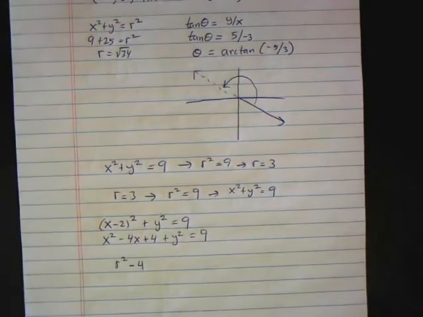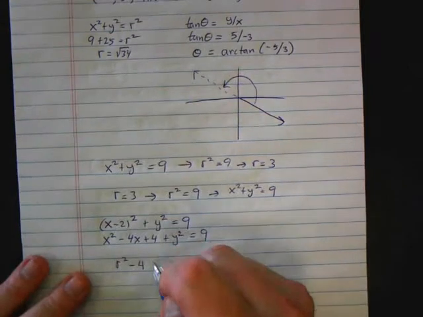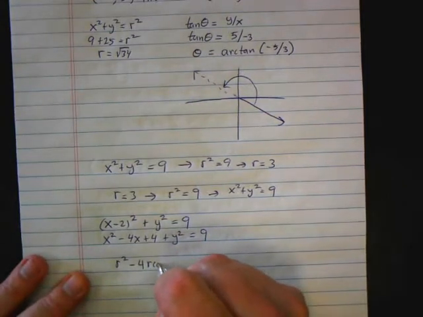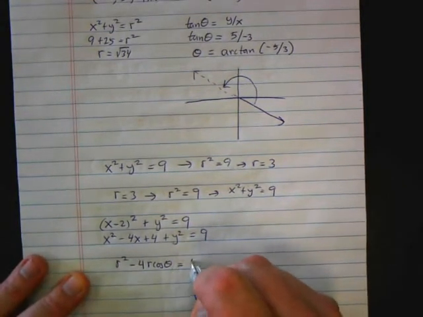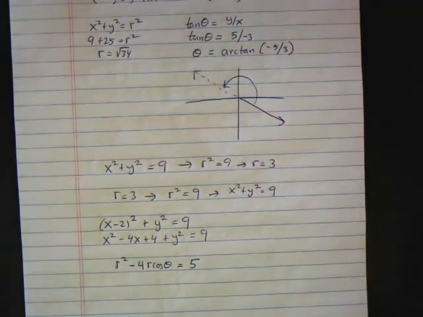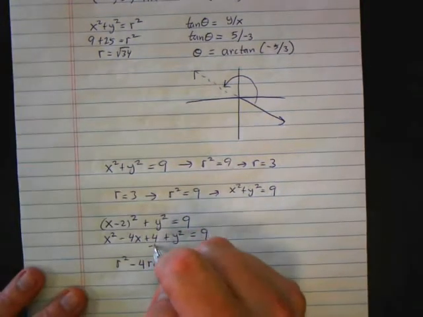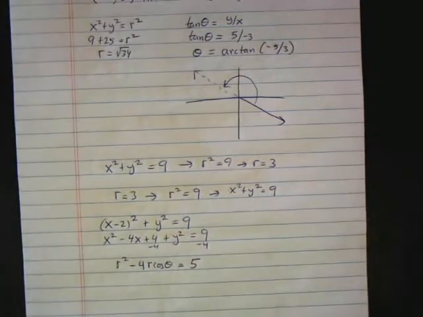What can I do with that x? X is r cosine theta, equals 5. What happened? Plus 4. I subtracted 4 on both sides. That's where I got the 5.